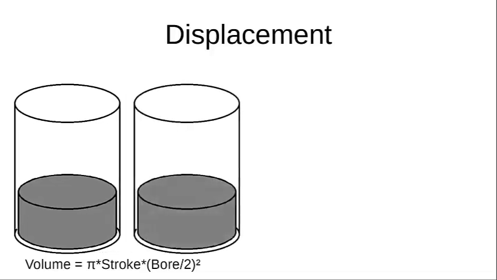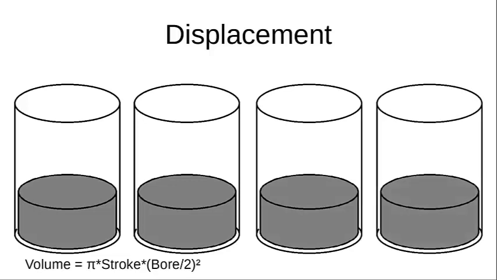But in the engine, in a MerCruiser engine, it's a 4-cylinder engine, so we have 4 cylinders, 4 pistons. If you want to calculate the total volume, you just multiply it by 4, and that gives you the total volume.